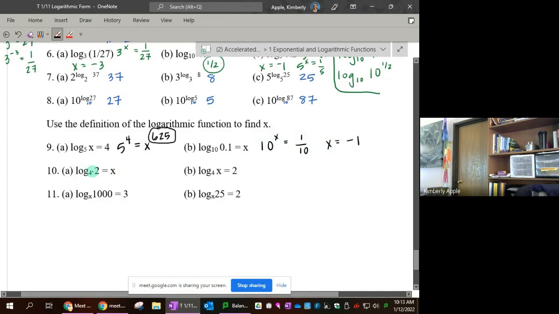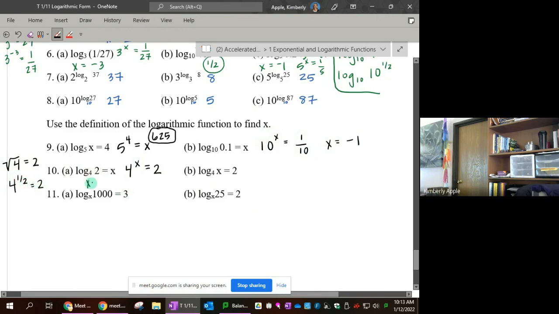All right, let's rewrite 10a, 4 to the x power equals 2. So remember that we could have fractional powers to do roots. If I were to take the square root of 4, that would give me 2, right? And remember that the square root of 4 is really 4 to the half.